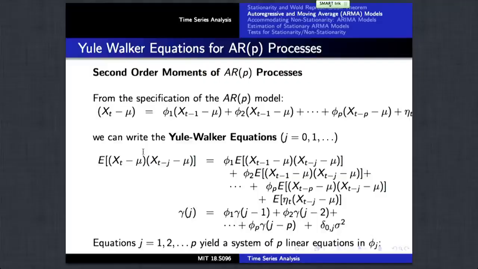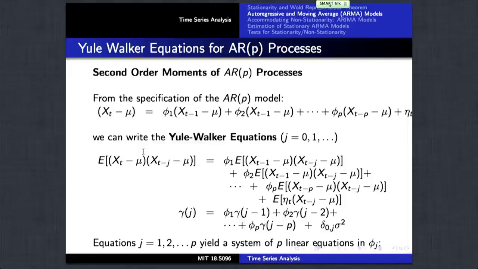This equation for gamma of j is determined simply by evaluating the expectations, where we're taking the expectation of x_t in the autoregressive process times x_{t-j} minus mu. Just evaluating each of those terms, you can validate that this is the equation.